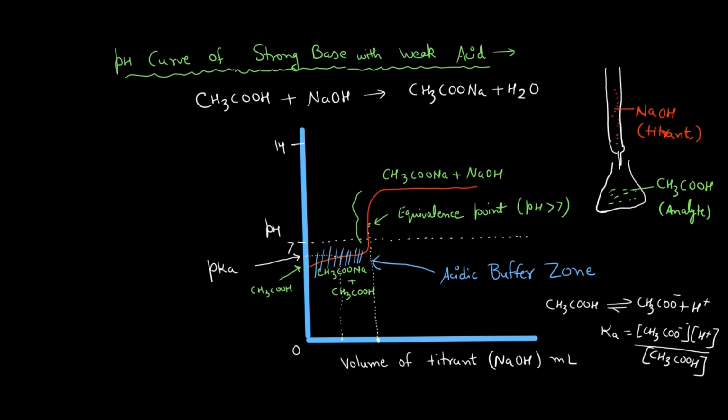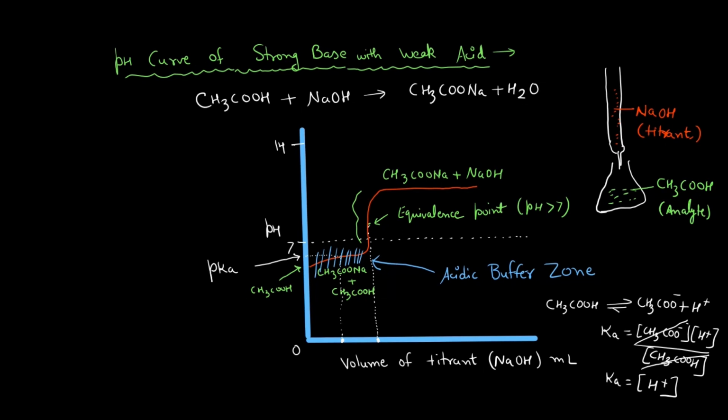So when half of the acetic acid has been converted into acetate ion, the concentrations are equal, and then we can cancel these out. So we are left with Ka equals the H plus ion concentration. So it means this point, this half the volume, denotes that half of the acetic acid has been converted into acetate ion, and therefore from this plot we can find the pKa of acetic acid.